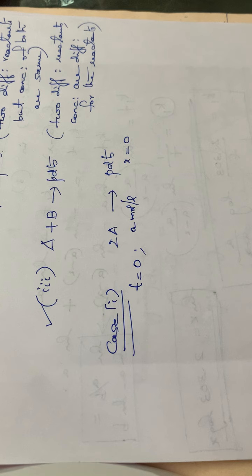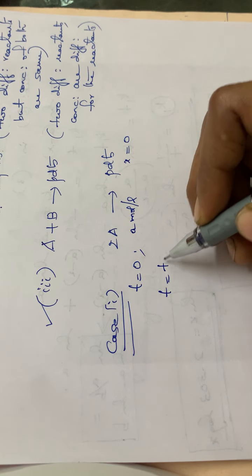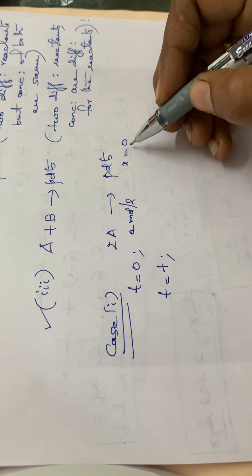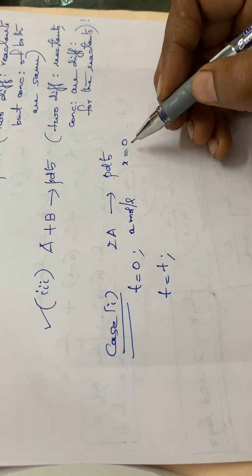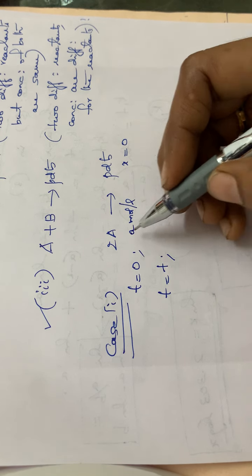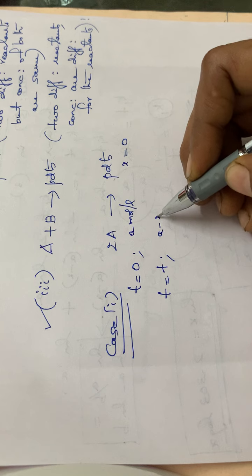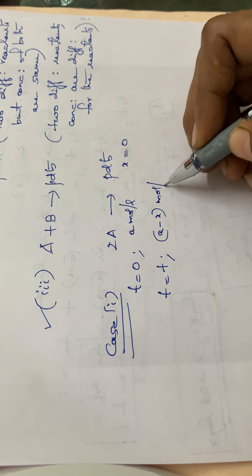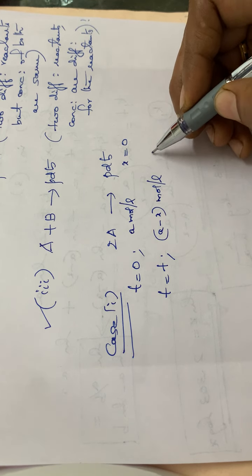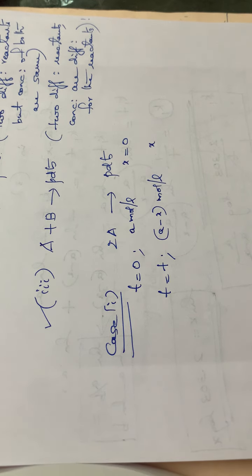Then after a time t, x moles per liter will be dissociated to give the products. The concentration of A becomes a minus x moles per liter, and the concentration of the products becomes x.